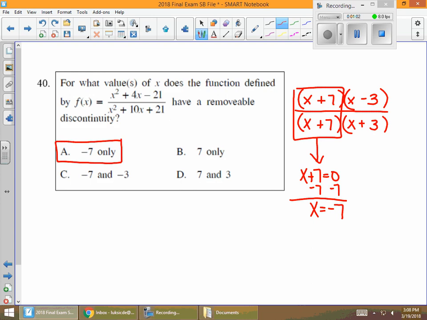If you needed to find the y-coordinate of the removable discontinuity, what you do is you take your reduced function, x minus 3 over x plus 3, which is the only difference between your original function and your reduced, is that it fills in this hole, and put in your negative 7.